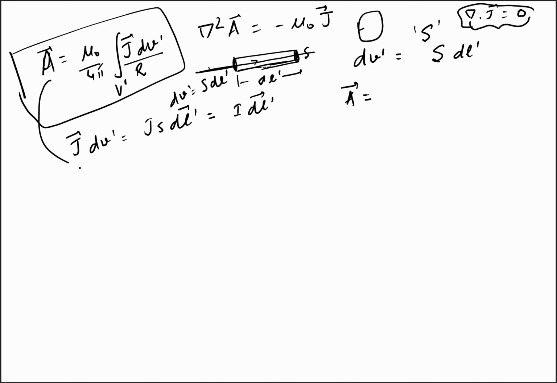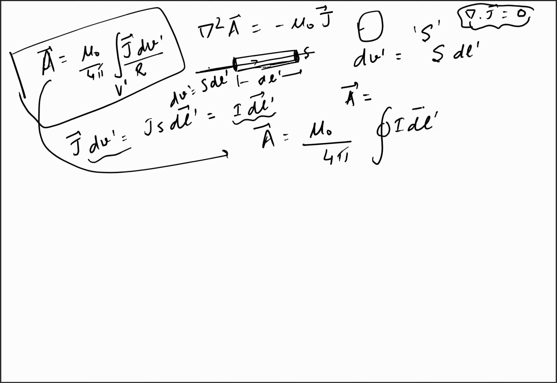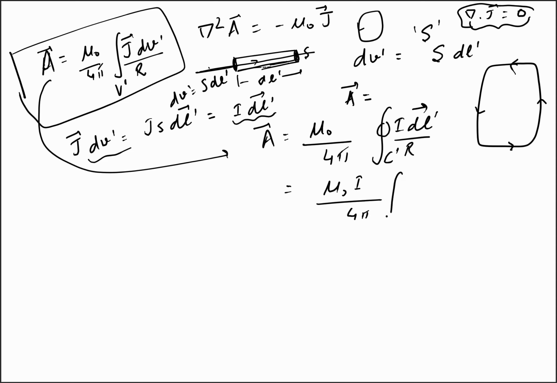So now I can write this A, since we have converted J in terms of I dl dash, as the total A found from the full circuit, integrating I dl dash over the full wire. If I is steady, I can take it outside: mu naught I over 4 pi integral of dl dash over R.